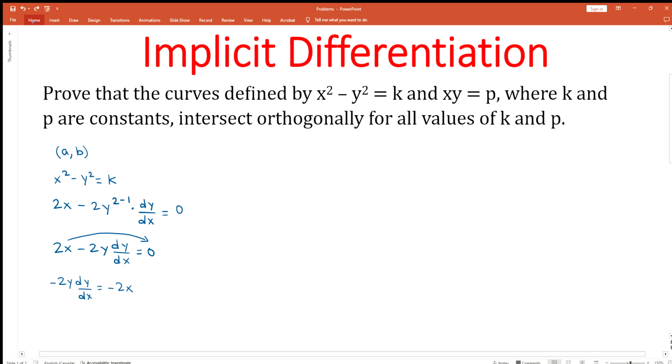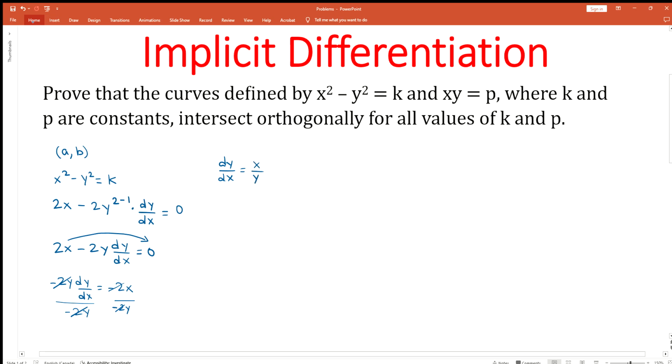We can isolate dy over dx on the left side by dividing both sides by negative 2y. On the right side, we can cancel out the negative 2's. So I get dy over dx equals x over y.